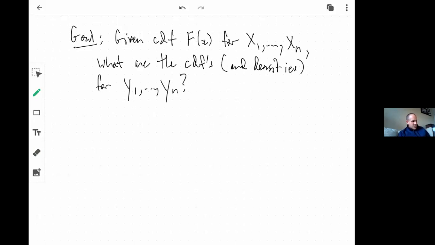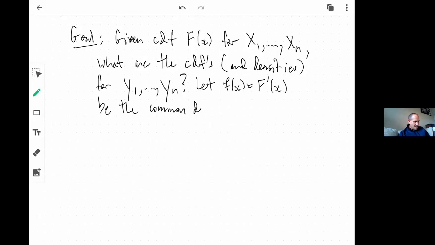And by the way, we have the CDF for the random variables, and we're also going to let little f of x equal capital F prime of x be the common density. The CDF is the same for all the x's since they came from the same distribution, and as such they would also have the same density.